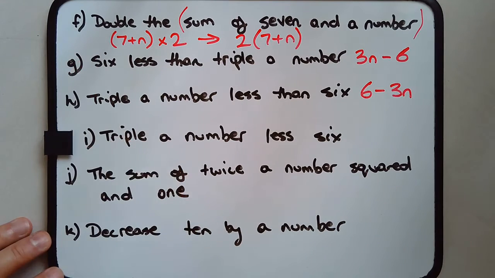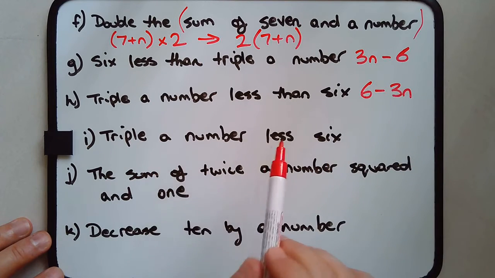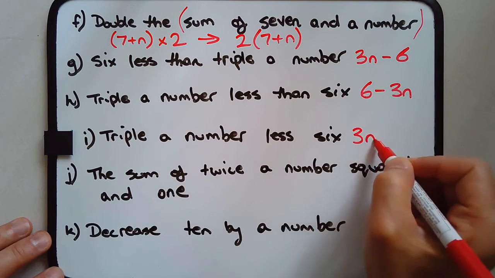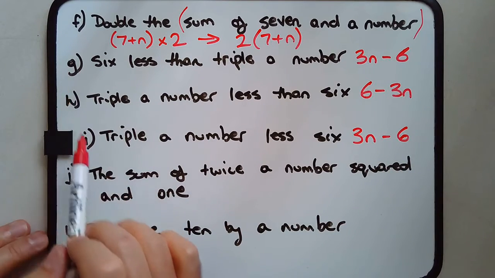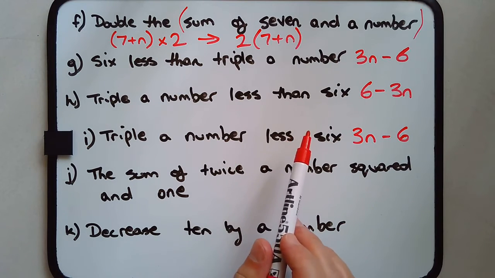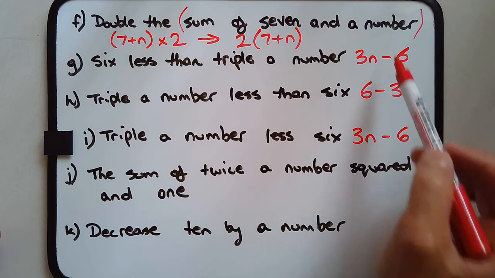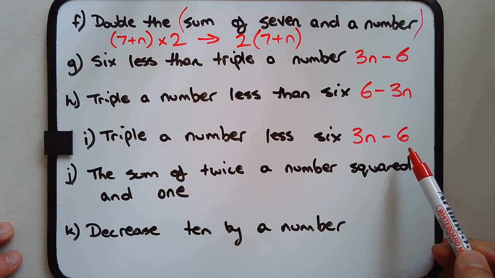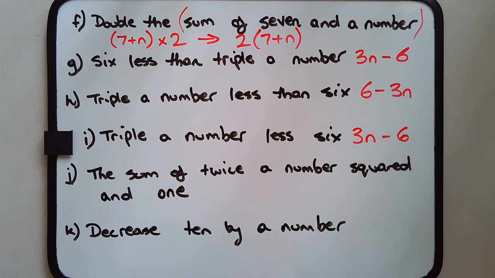That's in fact the same as G. Worded differently, but translated exactly the same way. It'll be 3n minus 6 again. So these three examples, G, H, and I, really highlight the importance of order. Also, just by changing a word or a couple of words doesn't necessarily mean we're going to come up with a totally different algebraic expression when we're translating it into algebra.